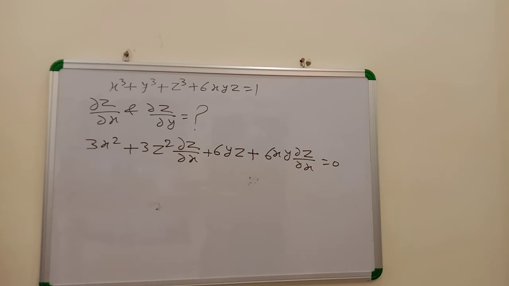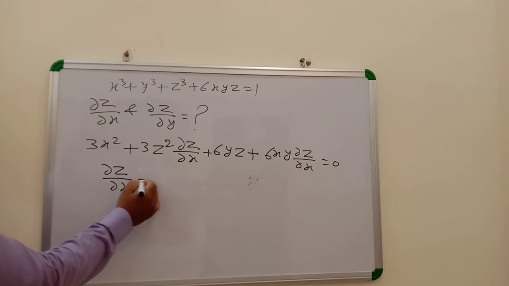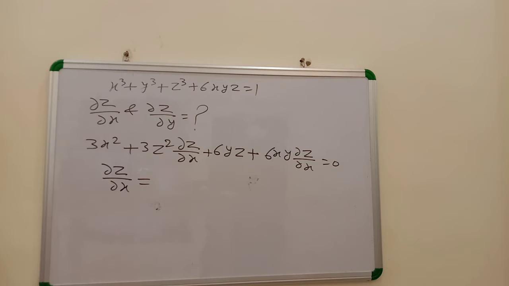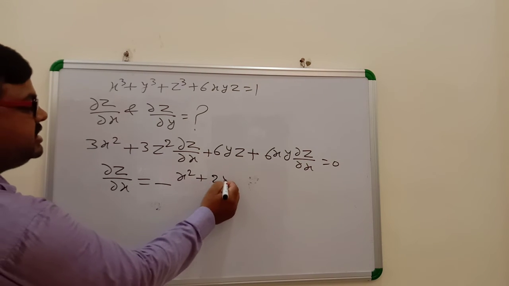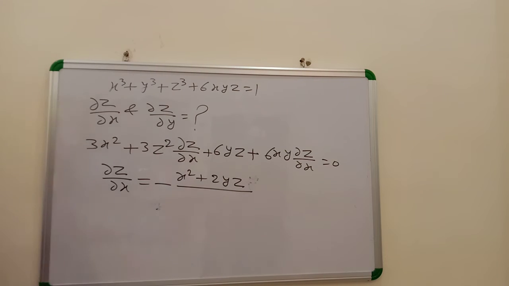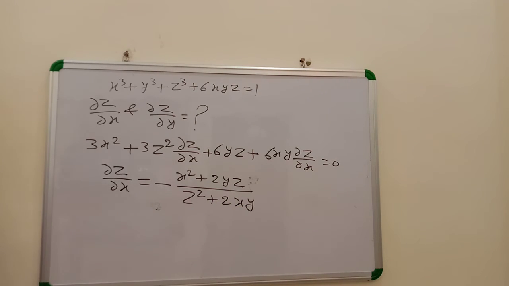Solving for del z over del x, we get del z over del x equal to minus (x square plus 2yz) divided by (z square plus 2xy).